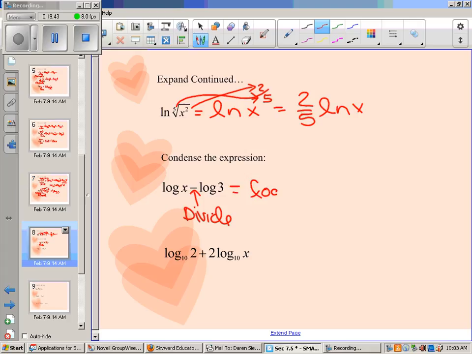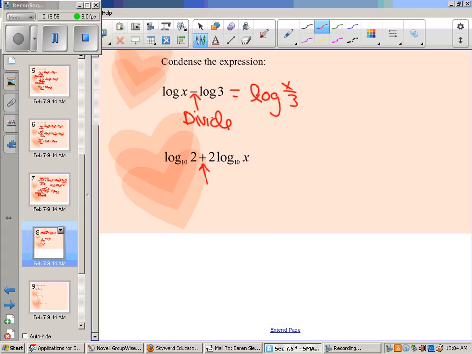Log x over 3. What's the base there? 10. Do we have to write it? Perfect. We do not. Okay, log base 10 of 2 plus 2 log base 10 of x. You don't have to write the 10. Where does the power go on?